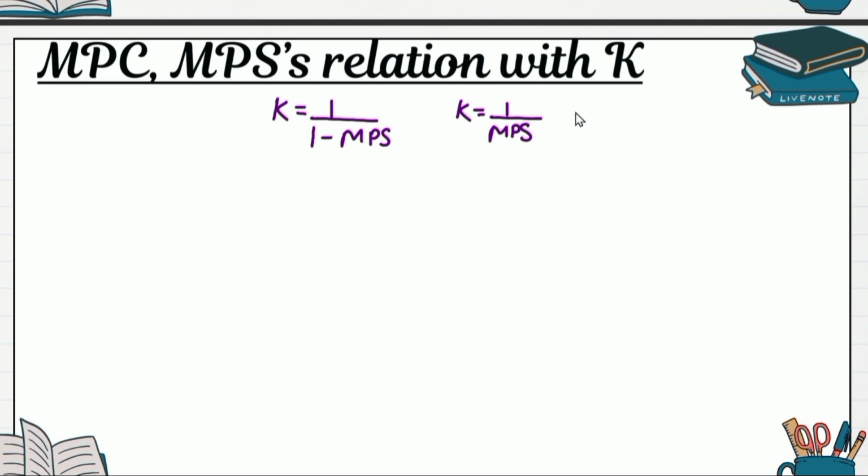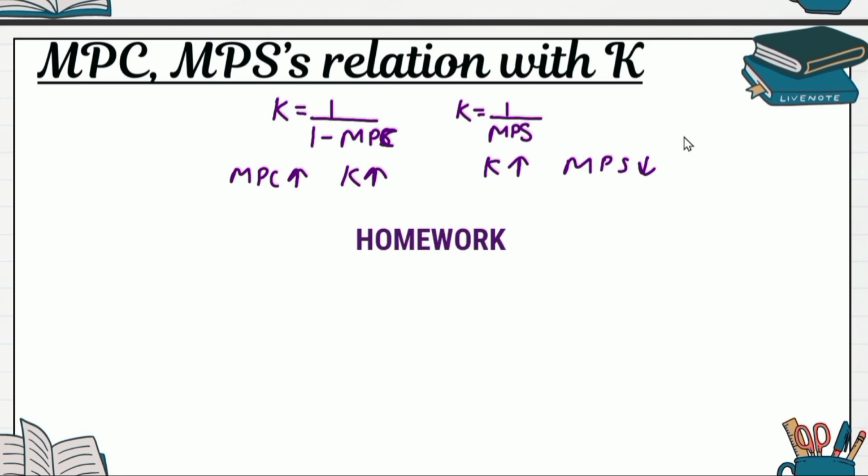So the heading of the slide is MPC and MPS relationship with K. We know that as the value of MPC increases, the value of multiplier would also increase. So there is a direct relationship between them, and there is an indirect relationship between the value of multiplier and MPS. How? Do the numerical and you will be able to find the answer. So this is on you.